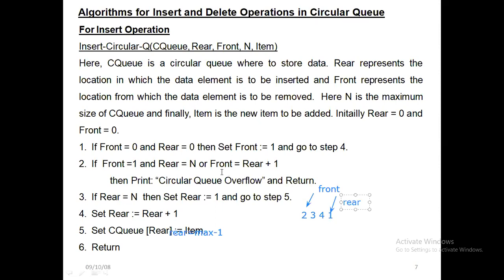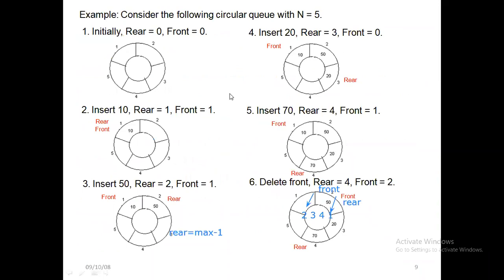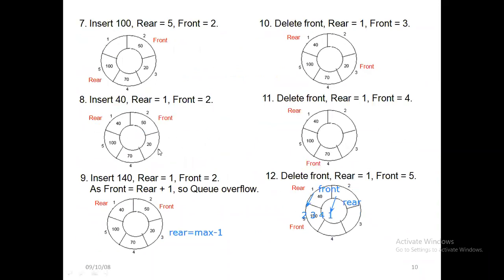And the next part is front is equal to rear plus 1. Previously we discussed this in the circular queue. See here, ninth point.